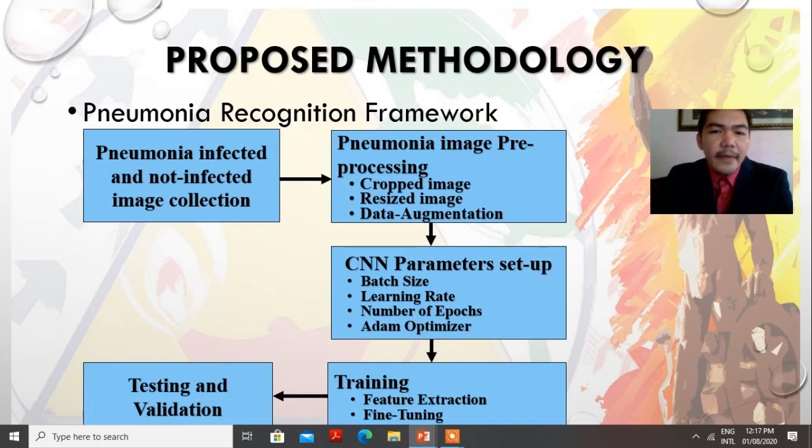The next phase is the pneumonia image pre-processing. All chest X-ray images acquired are independently cropped to generate a uniform measurement and to satisfy the input requirement for CNN architectures.